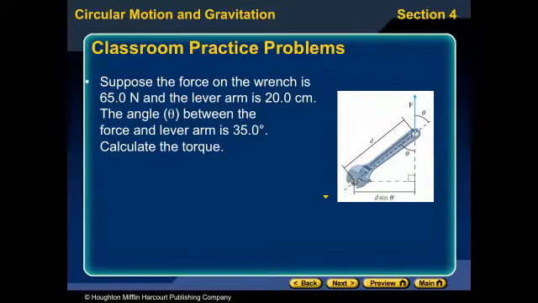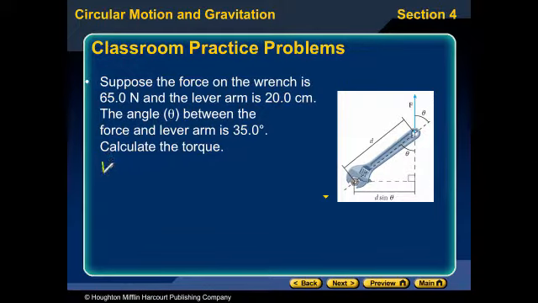Okay, so suppose the force on a wrench is 65 newtons and the lever arm is 20 centimeters. The angle between the force and lever arm is 35 degrees. Calculate the torque. So our equation is F d sine theta. Let's write out our numbers.